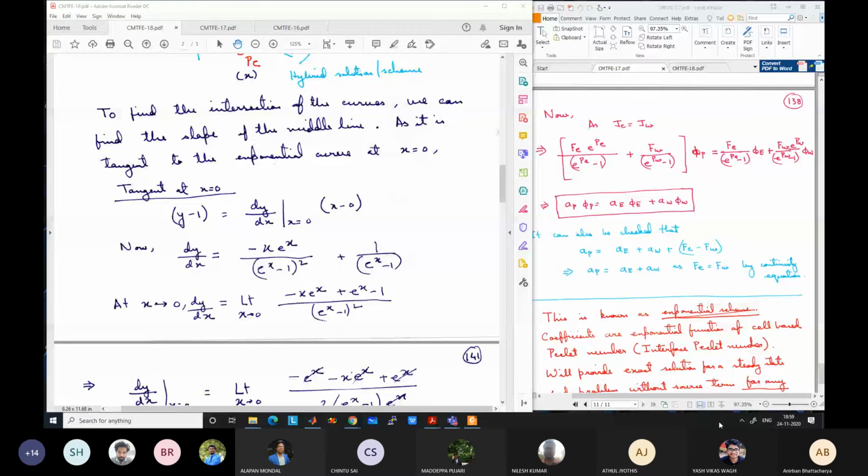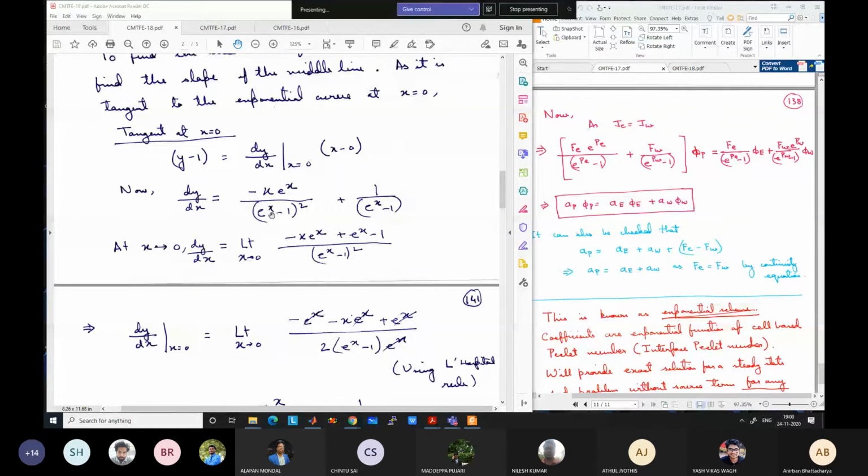So to find the value of this slope at x equal to 0, we need to take the limit. Directly you cannot just put x equal to 0. Then you will see that you cannot find the limit, because in the denominator e to the power 0 is 1 minus 1, 0, and here also it is 0, so it is causing a problem.